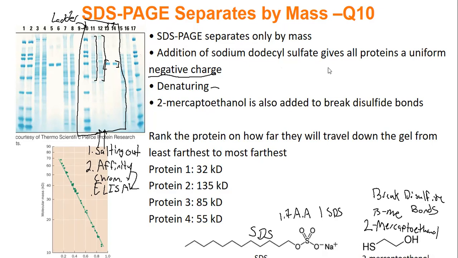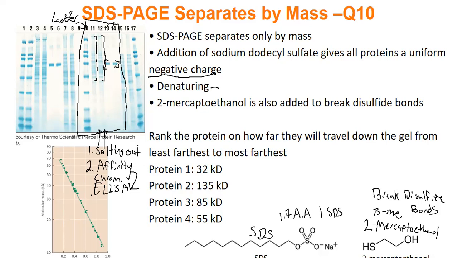Cysteine, very good, yes. Cysteine forms disulfide bonds. And when we do SDS-PAGE, we don't want to have disulfide bonds because we only care about primary structure. And disulfide bonds will make your protein look bigger than it actually is. So we don't want that. So we break all those.